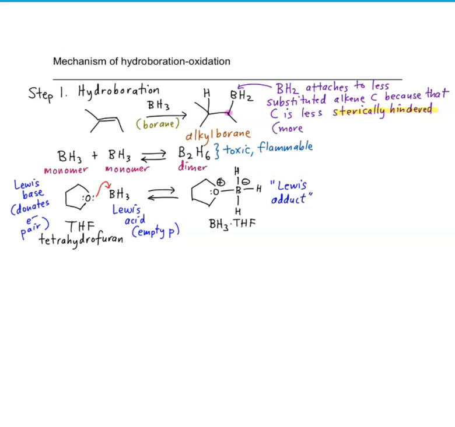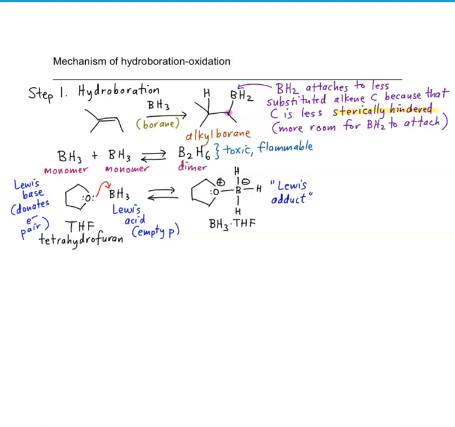And by that, we mean that there's more room around it for the BH2 to attach. So because the BH2 is the bigger group, it's going to want to attach at the position where there's more room for it to attach.